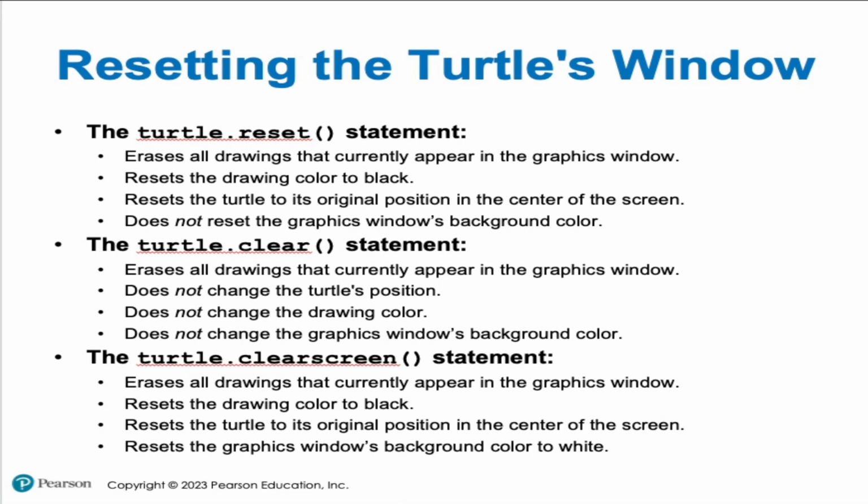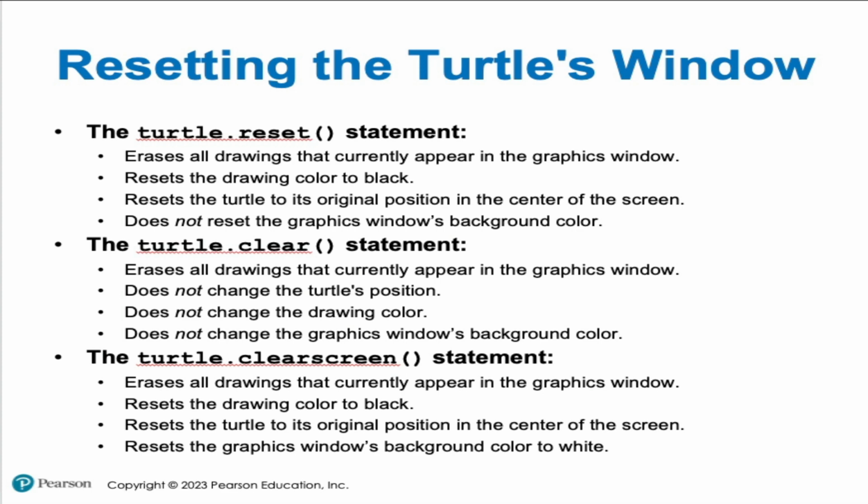There are several other functions that might be handy. Turtle.reset resets everything back to the default other than the background color. Turtle.clear will erase the drawing that currently appears in the graphics window. Notice that it does not change the turtle's position, the pen color, or the background color.